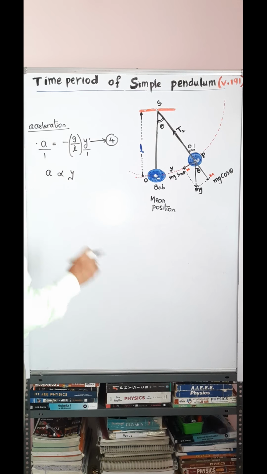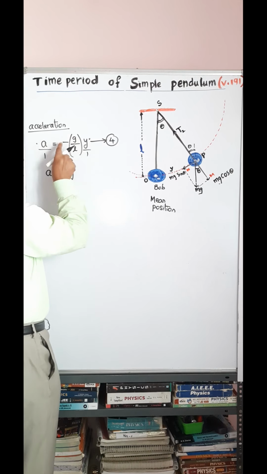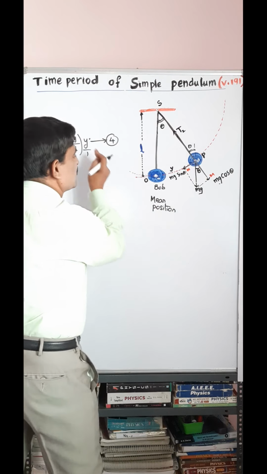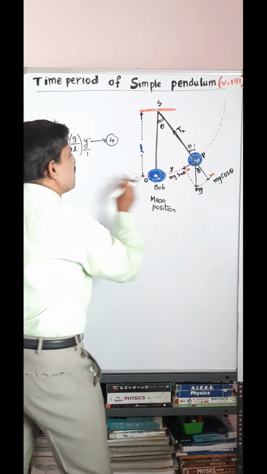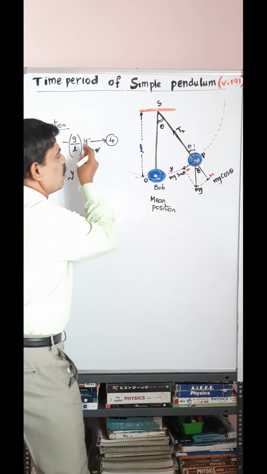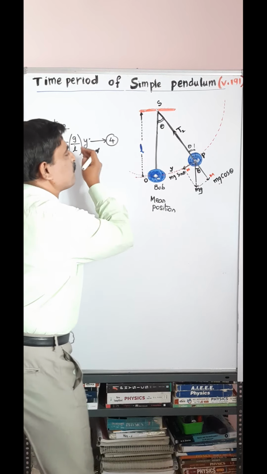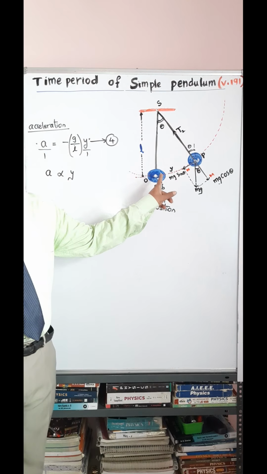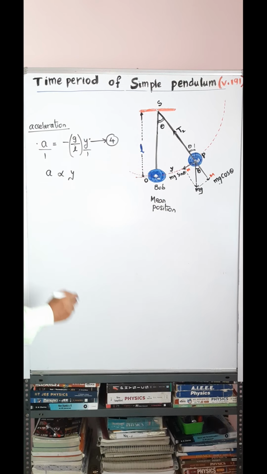Following. Number 3, acceleration and displacement are opposite in direction. The motion of the simple pendulum is simple harmonic motion. The simple pendulum is making simple harmonic motion about the mean position.